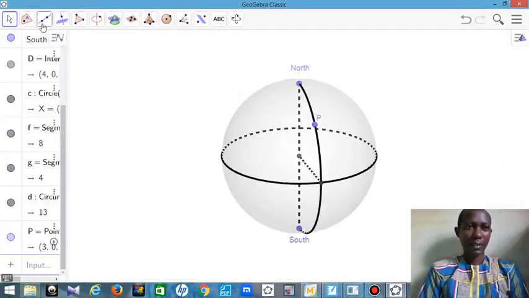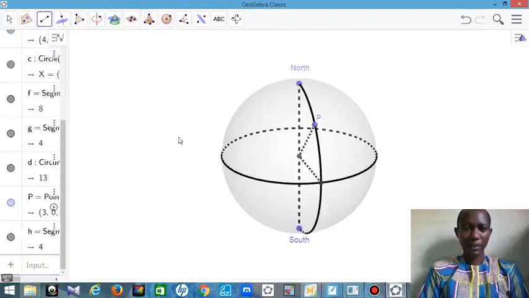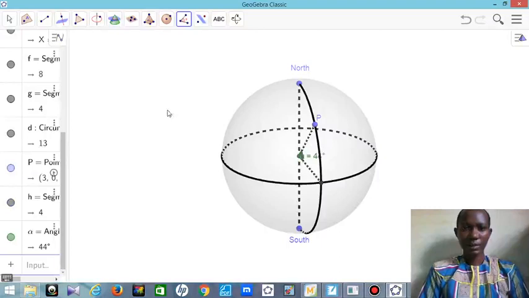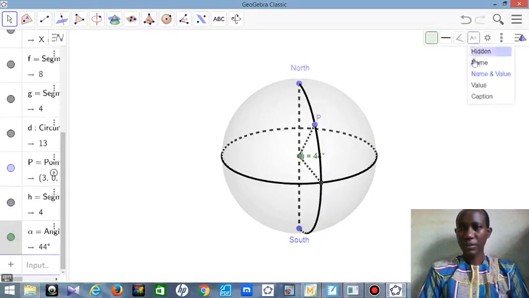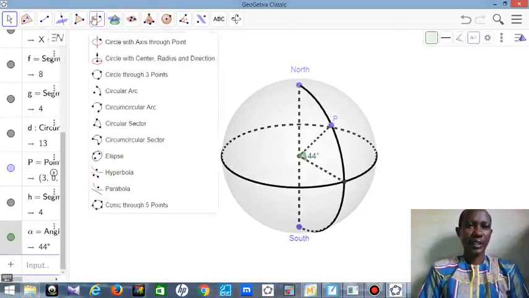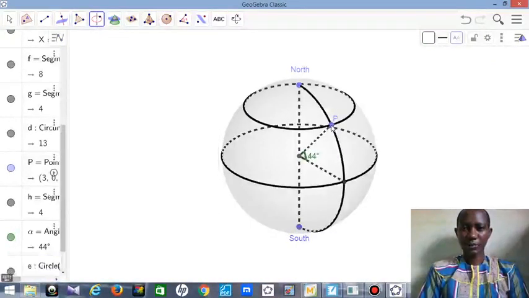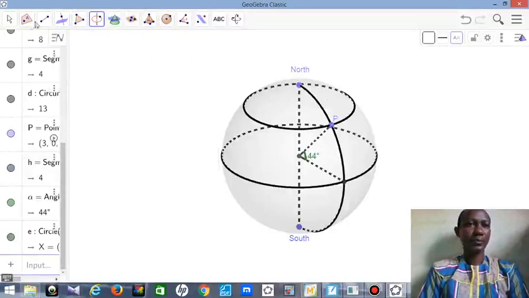Then we need to get the line to the center, and put the angle there. Let me put the line of latitude. So this is the line of latitude.